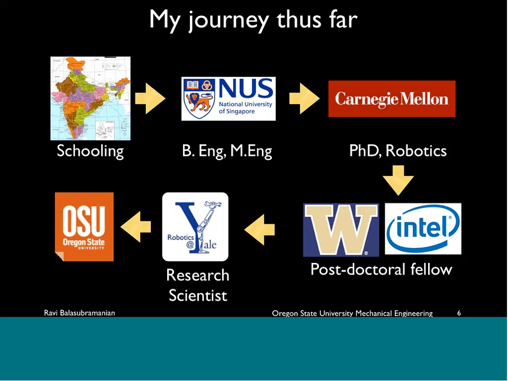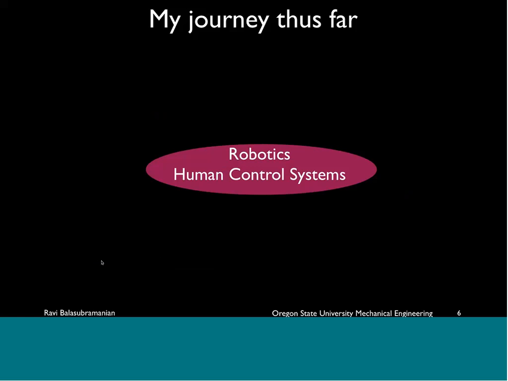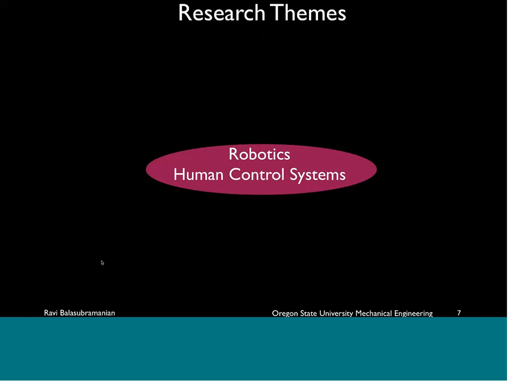And I was also a researcher at Intel for 1 year. Then I moved to Yale University as a research scientist exploring mechanism design for robotic hands. And now I'm at Oregon State University directing the Robotics and Human Control Systems lab.